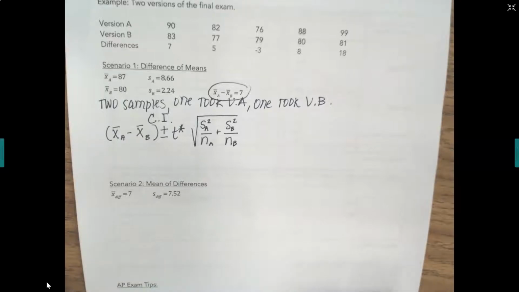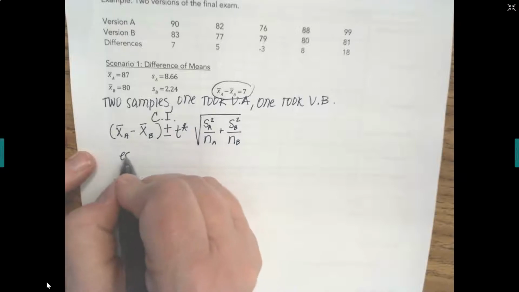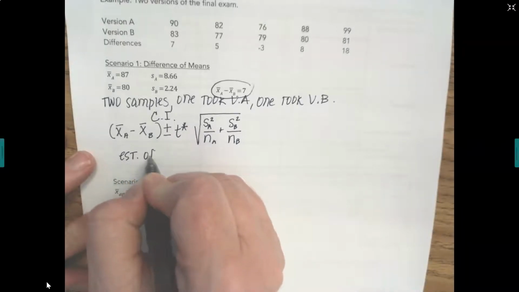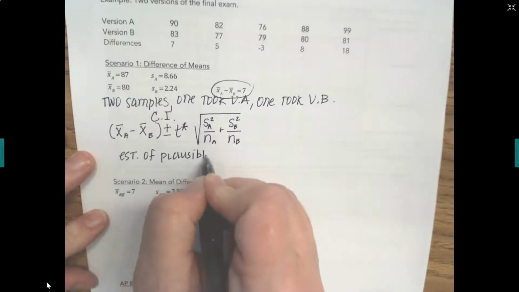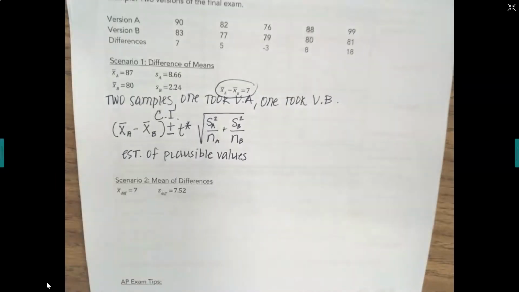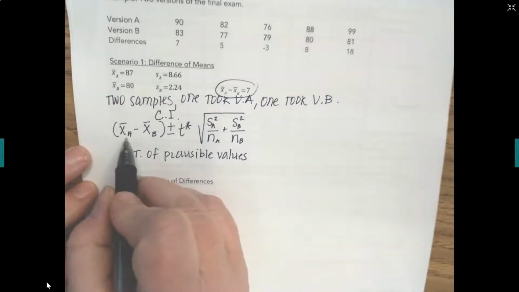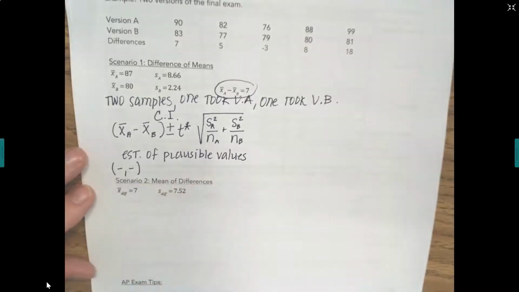So what you're looking for here is an estimate of plausible values. Okay, what is the plausible difference between these two scores? So if I'm subtracting A minus B and I got a confidence interval that was negative, that would mean the B scores were higher.